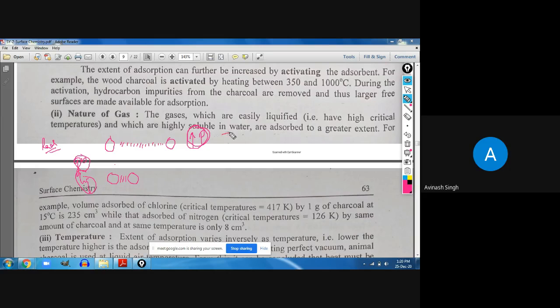And another way is I can decrease the temperature. इससे क्या होता है? See, at a certain temperature, each molecule will have some energy, and according to the energy, ये इधर उधर भागता है. It runs around here and there. So if you decrease the temperature, what are you doing?